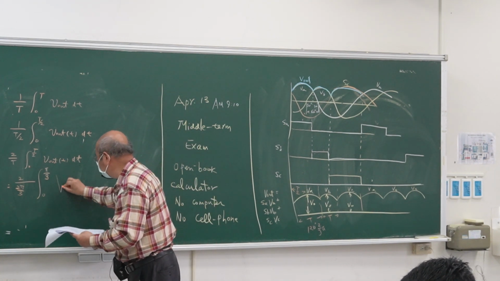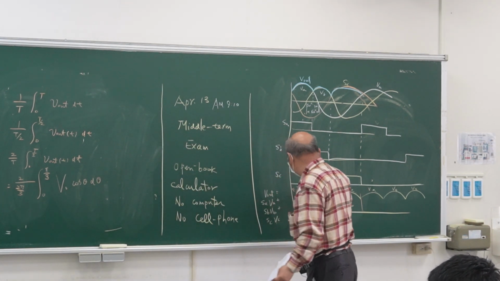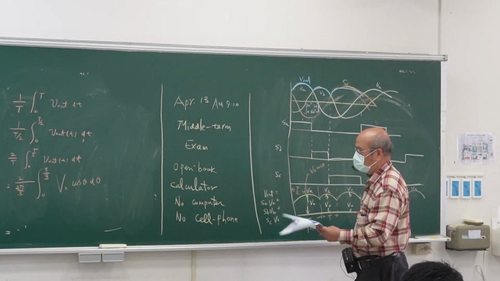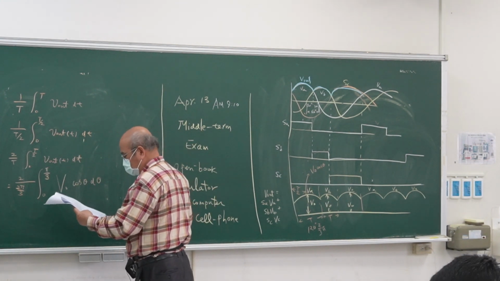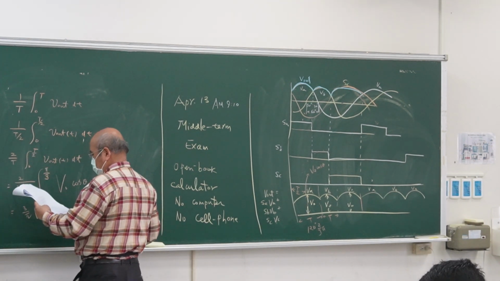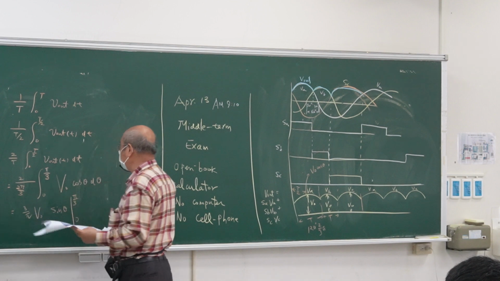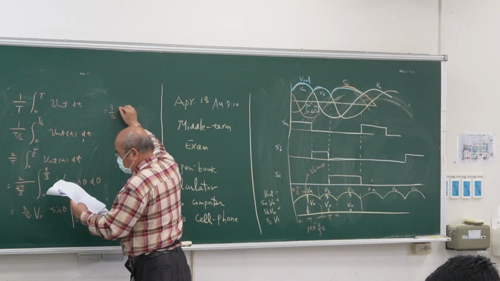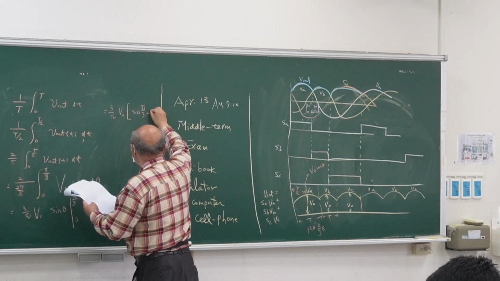And how about V out? The waveform is VO cosine theta, so the integral of VO cosine theta d theta. Then we can calculate this value. It is 3 over pi, VO, and then we get sine theta, sine theta minus sine 0.